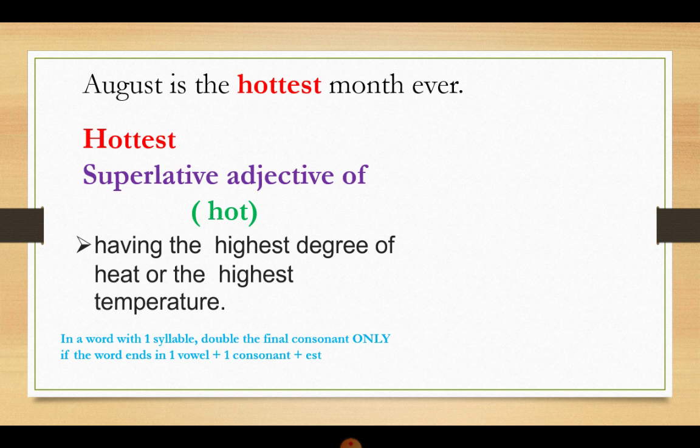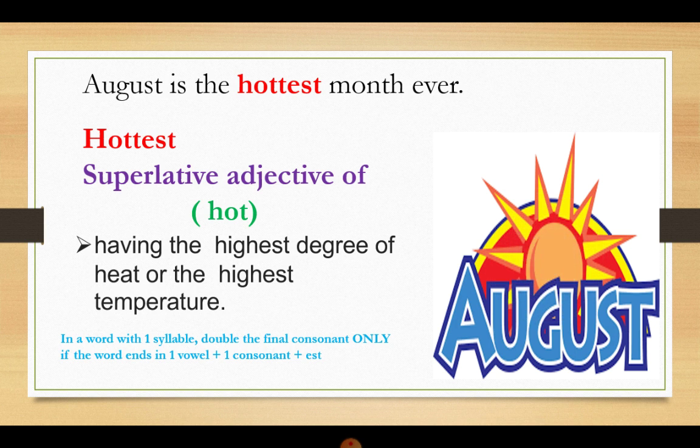Okay, now we have a comparison between one to only one or one to many. We have only one month comparing to many months. So it will be a superlative. In this case, I add est, and before the adjective, I add the word the. The hottest month ever.